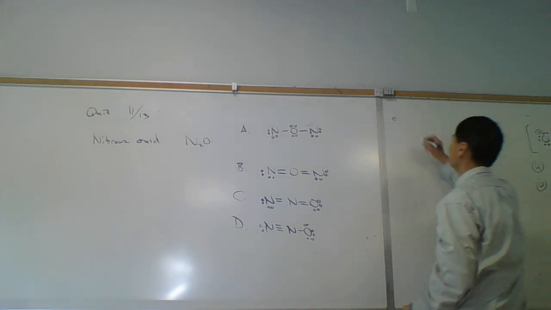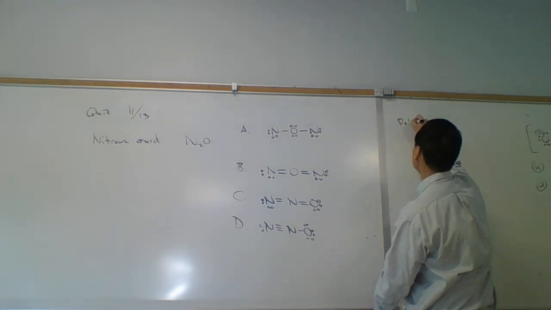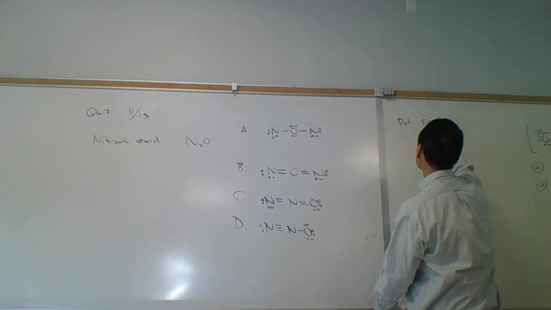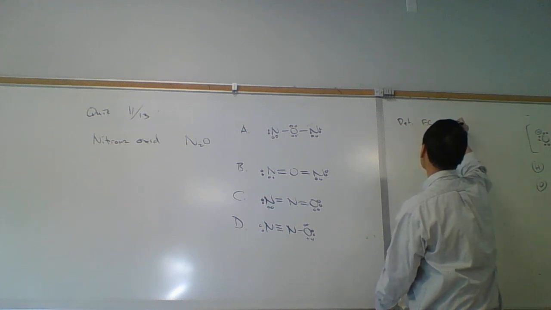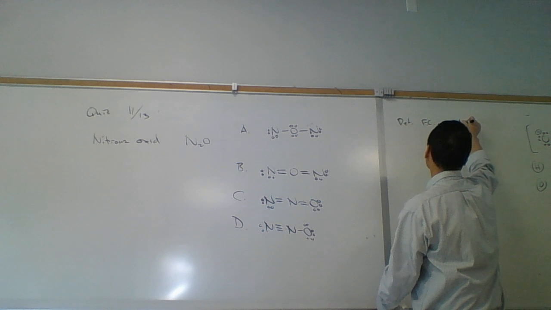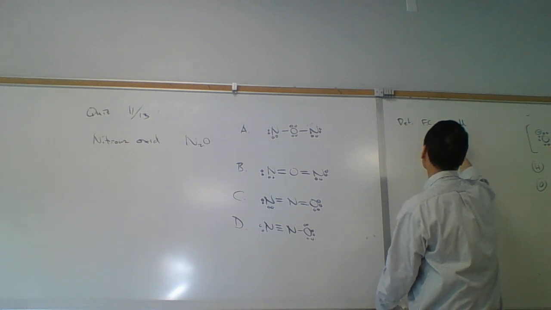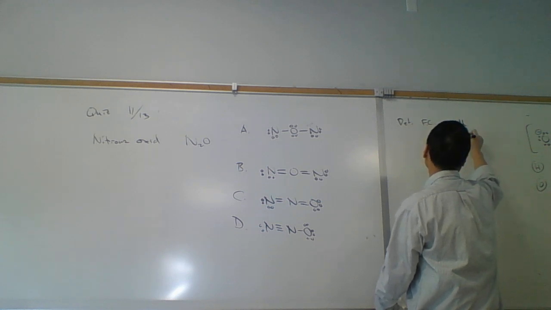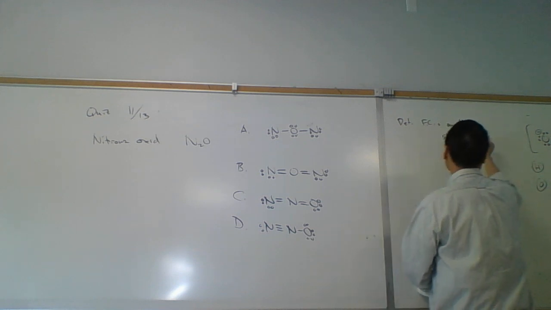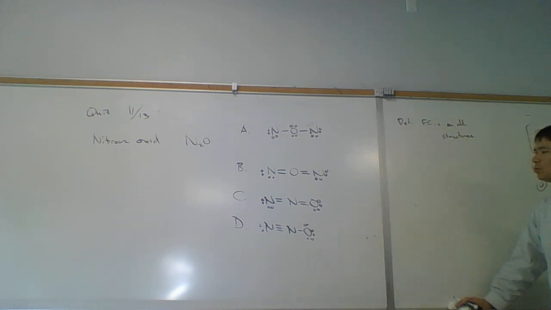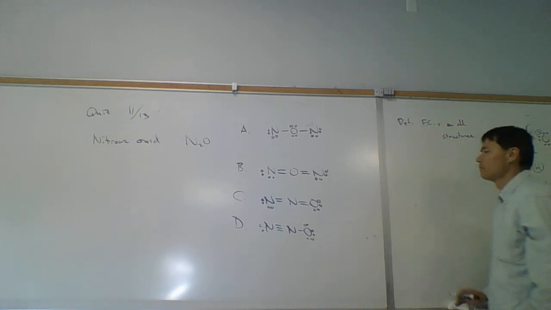All right, so what you're going to do is determine the formal charges on all structures. Then I want you to tell me which one is the best and which one is the worst structure.